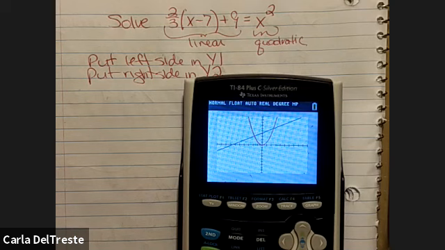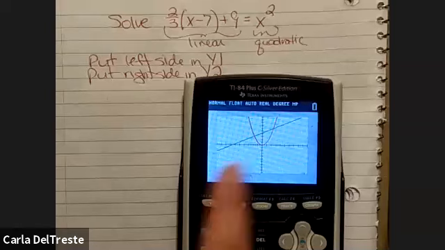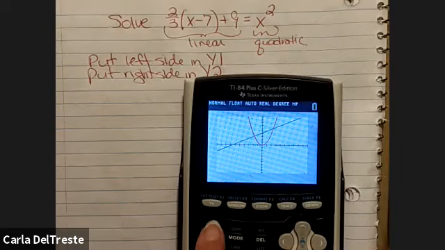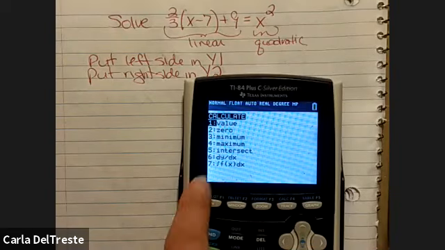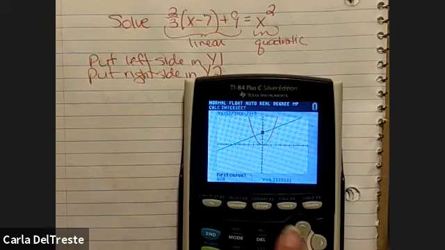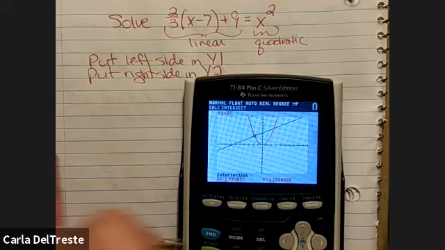So I'm going to have to do my intersection 2 times. So we're going to go to second trace. We're going to choose number 5, and we're going to follow the prompts for this first point of intersection. Just hit enter 3 times, and I get my first answer.